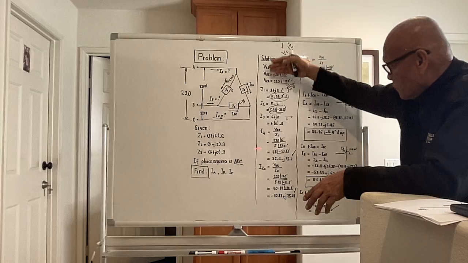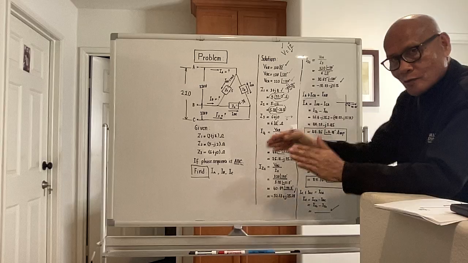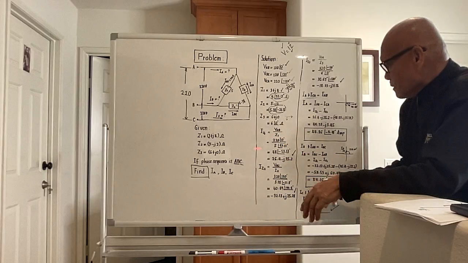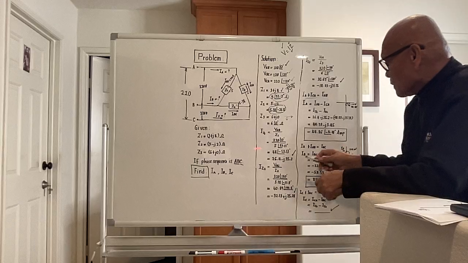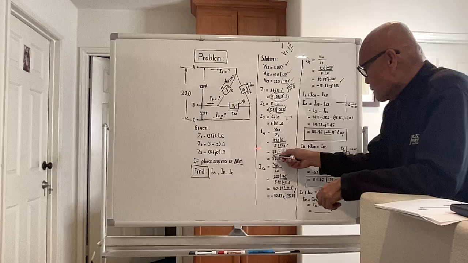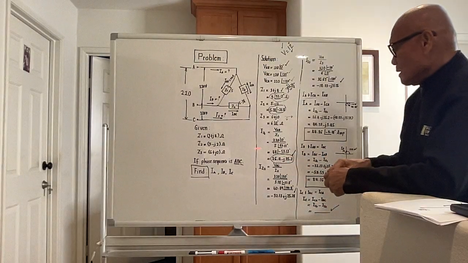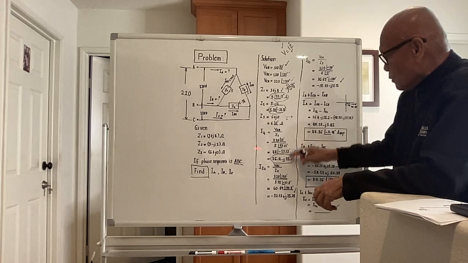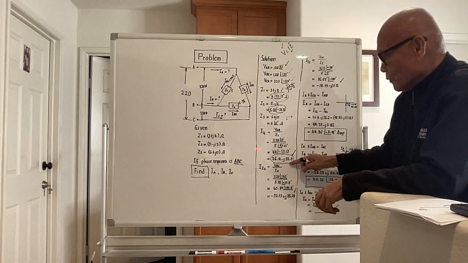We use these voltages, including the angle, because we are performing complex operations. What comes out for I sub Z1 in rectangular form, because later on we are subtracting two currents, is 26.4 minus j35.2.